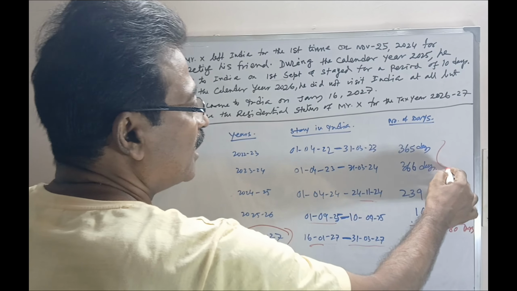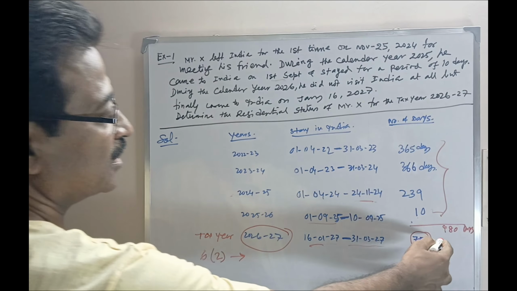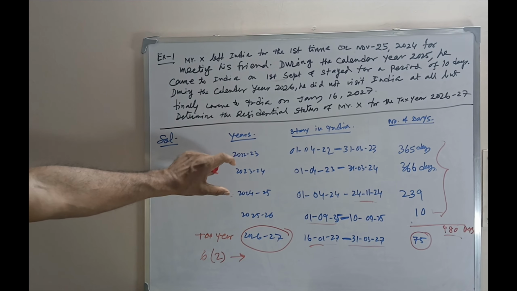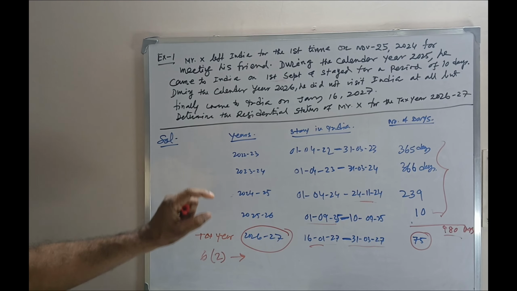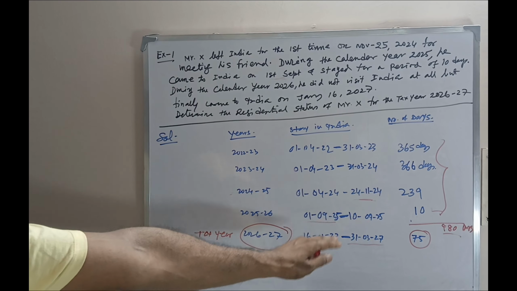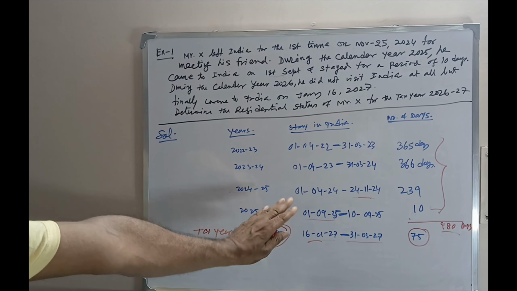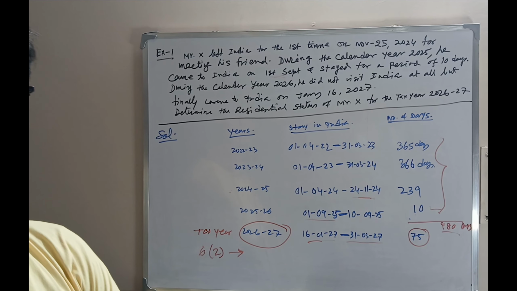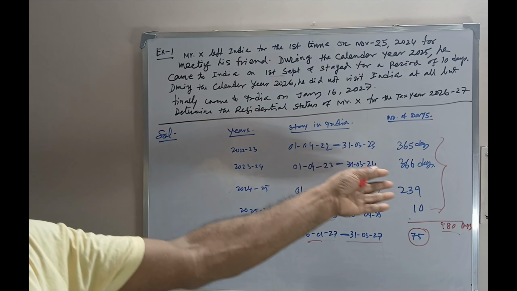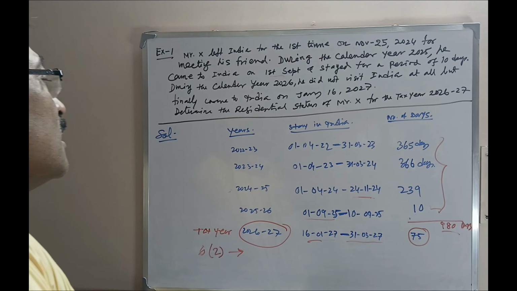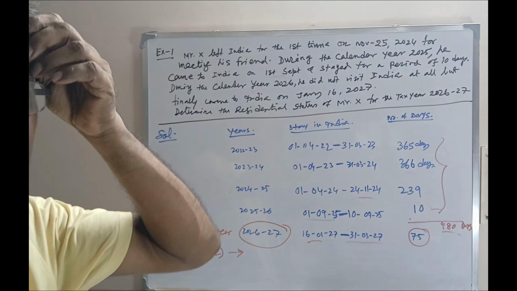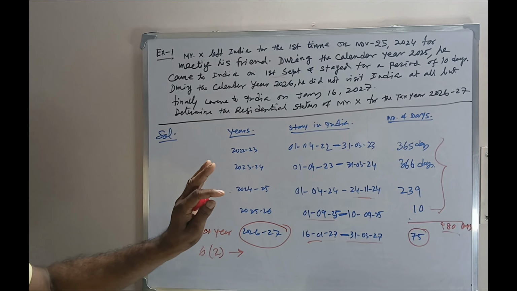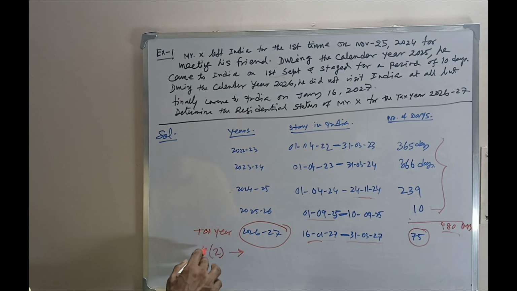Yes, we have seen that in the last 4 years he has stayed 980 days. That means he has fulfilled the second criterion, B criterion: 60 days in the tax year and more than 365 days during the last 4 years preceding the tax year. So he is a resident person as per section 6(1).